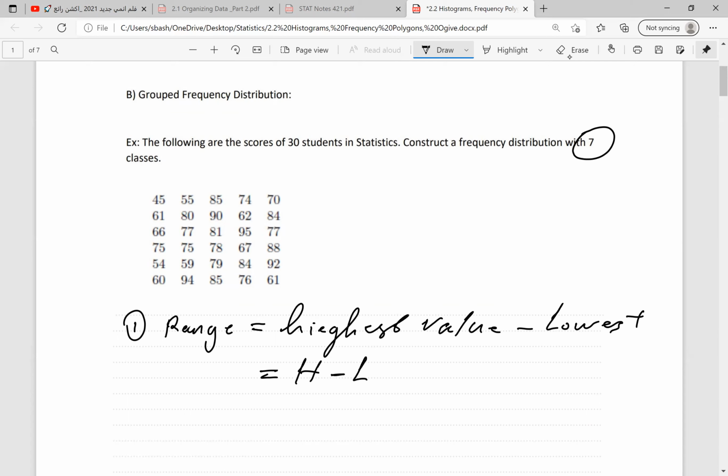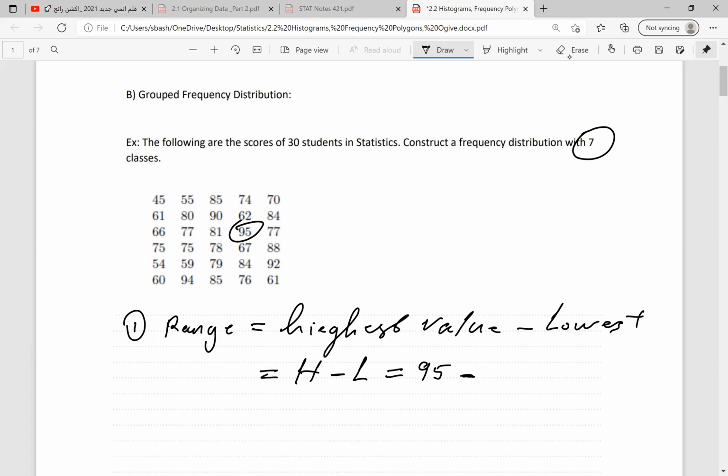The highest value we have in this data, we can go through this one by one to see what is the highest one. It is 94. Or not 94, there is another one, larger. It's 95.